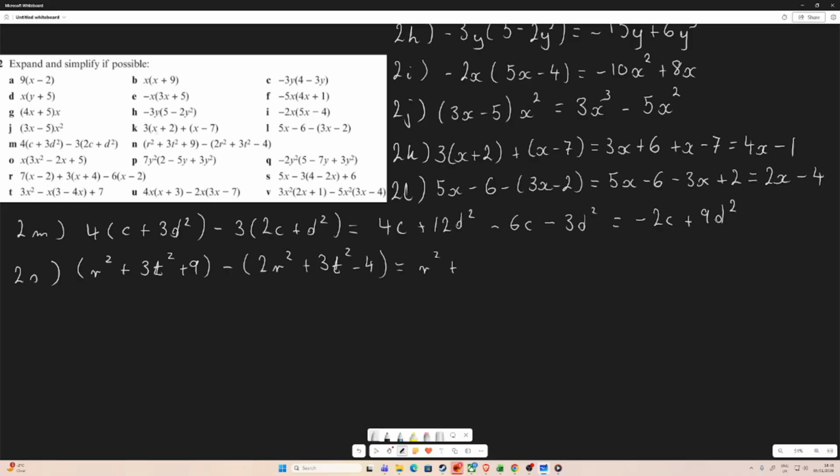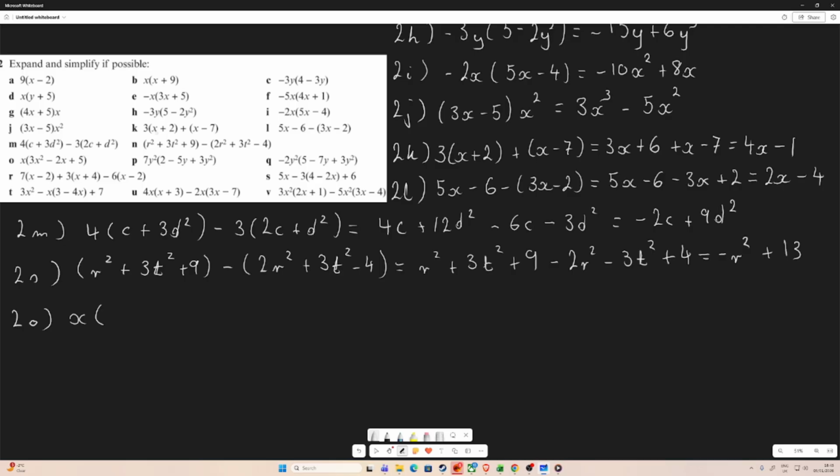So r squared plus 3t squared plus 9 minus 2r squared minus 3t squared, minus and minus plus, so plus 4. Let's collect the like terms. So we have negative r squared and the t's cancel out, plus 13.